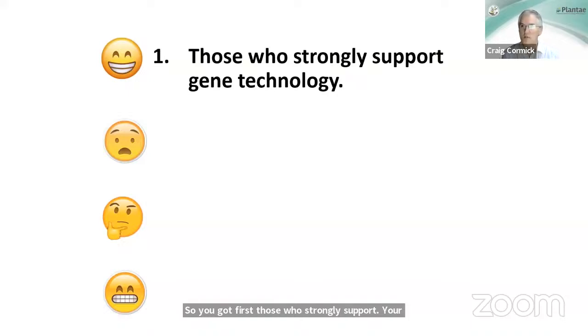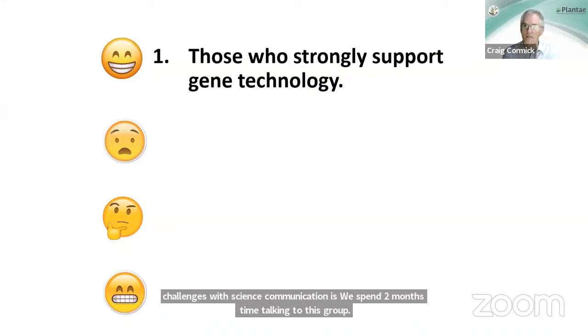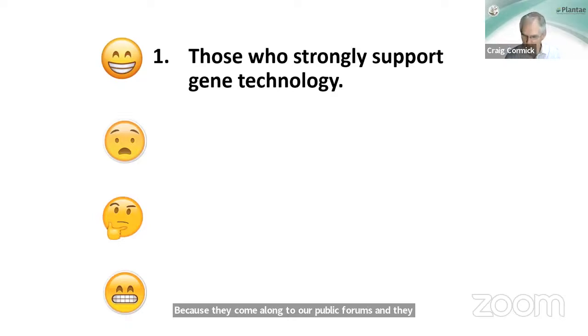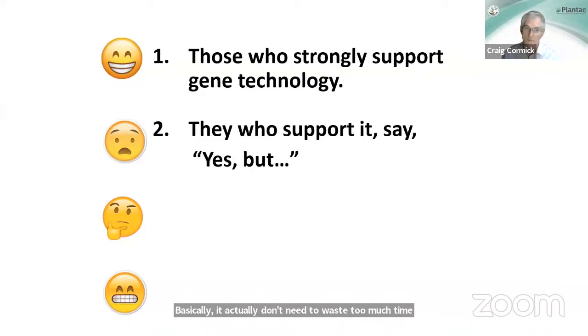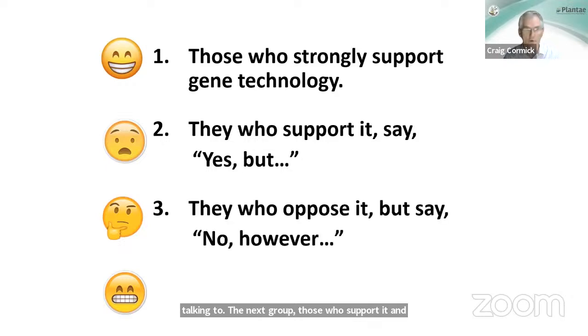One of the challenges with science communication is we spend too much time talking to this group because they come along to our public forums and they subscribe to our newsletters, but they get it already. There's a group you actually don't need to waste too much time talking to. The next group, those who support it and say yes, but they're a very important group to reach.